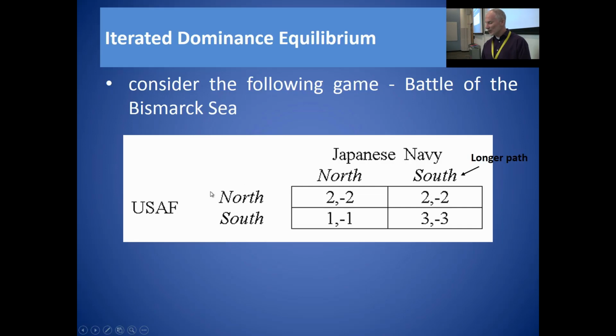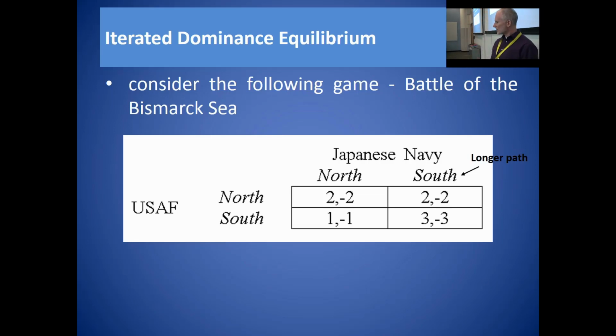Would the US Air Force go north or south? If they went north, they get a payoff of 2. If they went south, they get a payoff of 3. So again, this time, they would go south. So neither north nor south strictly dominates the other. What the US Air Force would choose to do would depend upon what the Japanese Navy did. Okay?